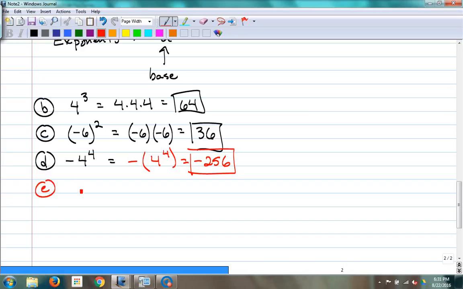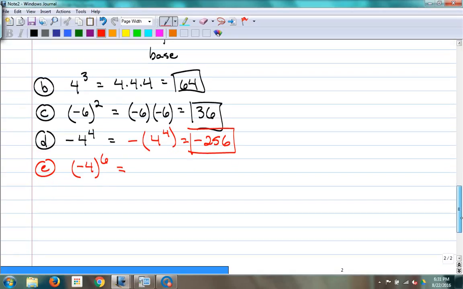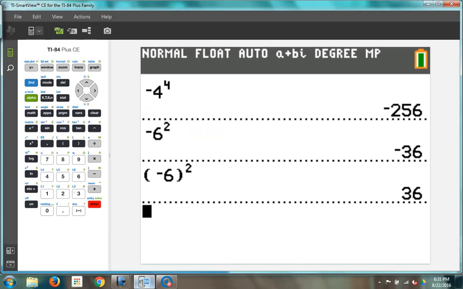Example E. What if we had negative 4 to the 5th power? Or let's do an even power, the 6th. Big number. Definitely would probably try to use the calculator to do that one. What should it end up being, a positive or negative number? Why?